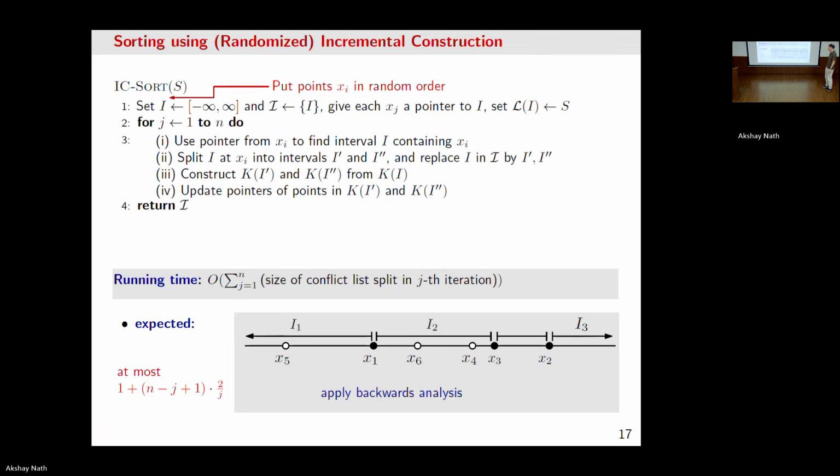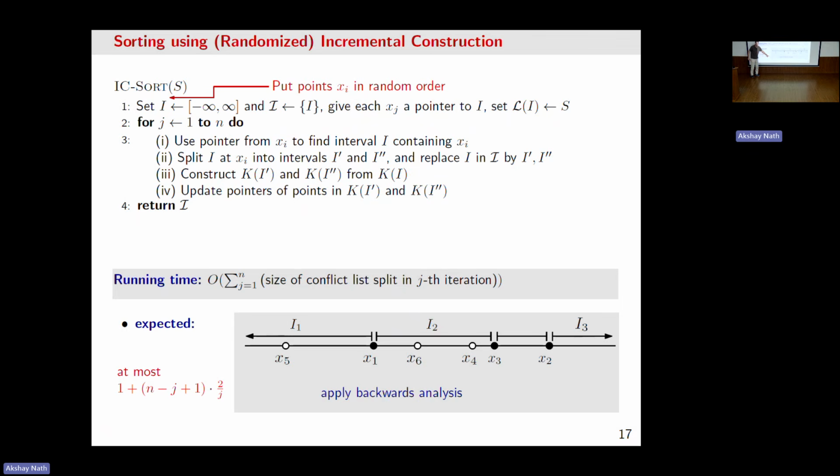So that's what you see here. The expected number of points in the last step is, okay, these are the remaining points.